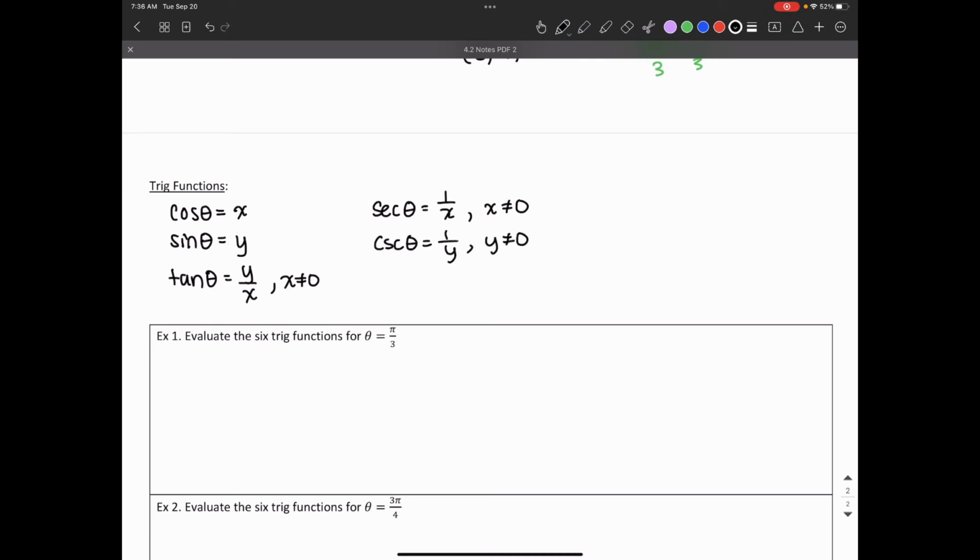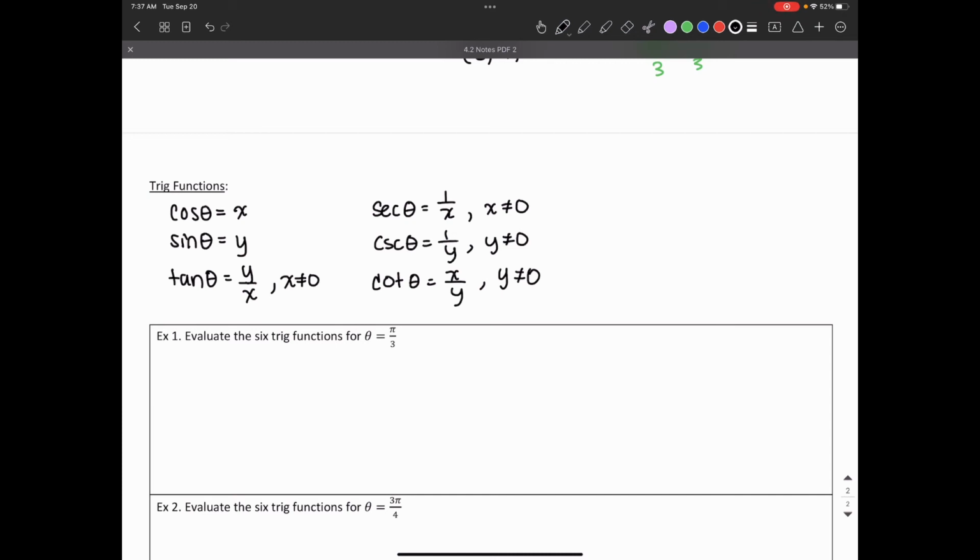And then cotangent of theta is equal to x over y, the reciprocal of this, and y cannot be equal to 0. And so those are the 6 things that you need to know as far as the unit circle goes. So you should be able to find cosine, sine, tangent, secant, cosecant, or cotangent of any angle that's on the unit circle, whether it's given to you in degrees or radians.